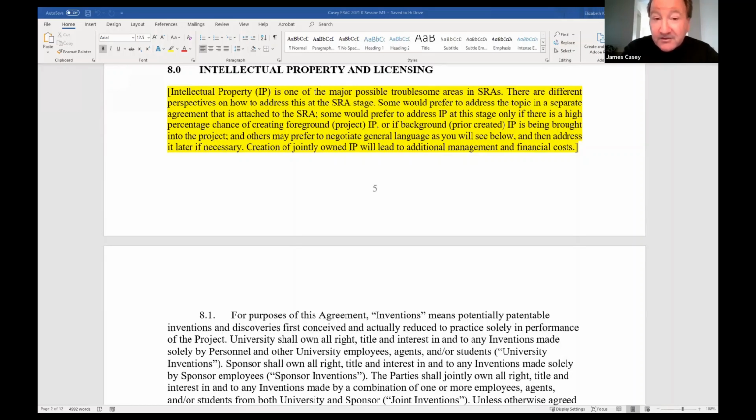A lot of times, and this started in my years at Northwestern, we would agree to negotiate the IP language later, when potentially licensable material came up, potentially patentable material. And in many cases, nothing ever did come up.